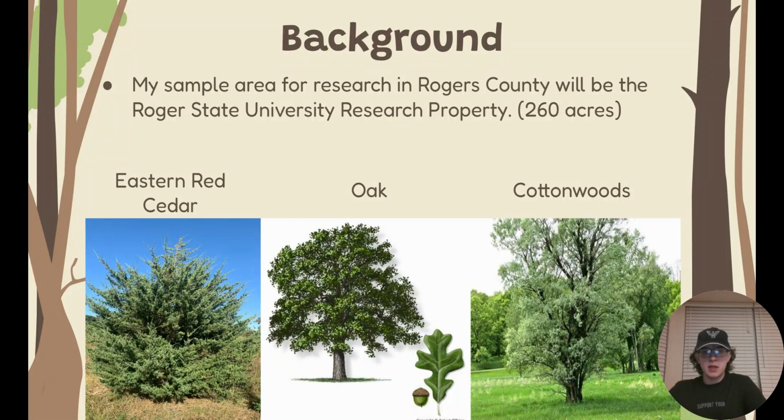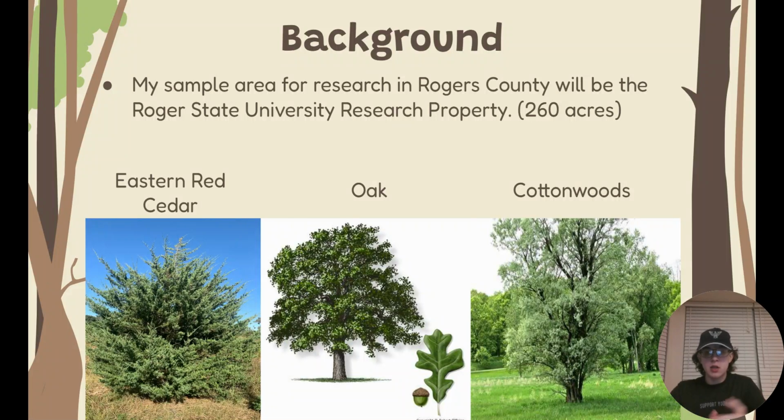So some background. Like I said, I plan on doing this in the RSU research property, 260 acres, and I've been out there a few times for a few of my classes. Some background about this project is knowing some of the most common trees that we have in northeastern Oklahoma.